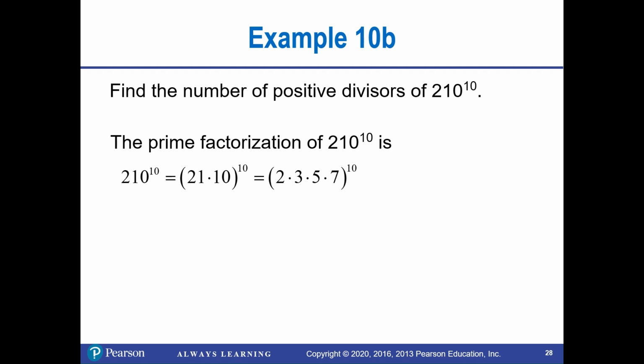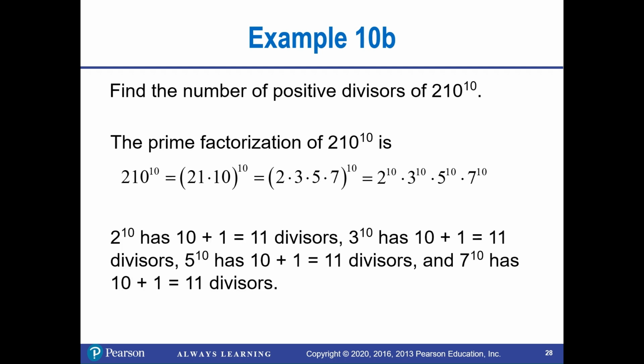This is all still within the power of 10 that we originally had for 210. So using the properties of exponents, I know that this will be equal to 2 to the 10th power times 3 to the 10th power times 5 to the 10th power times 7 to the 10th power. 2 to the 10th power has 11 divisors because we add 1 to 10. Same for 3 to the 10th power, 5 to the 10th power, and 7 to the 10th power.